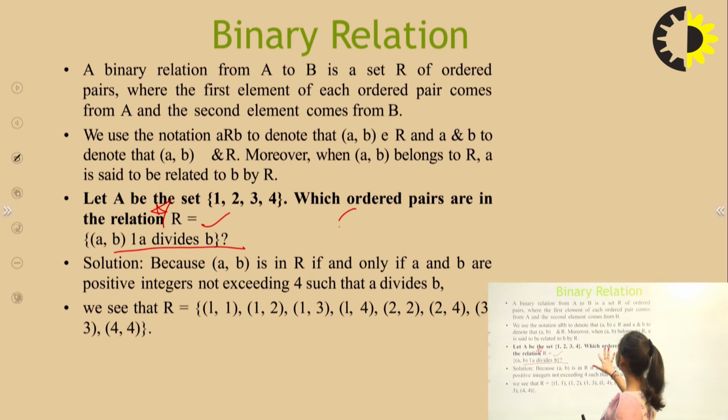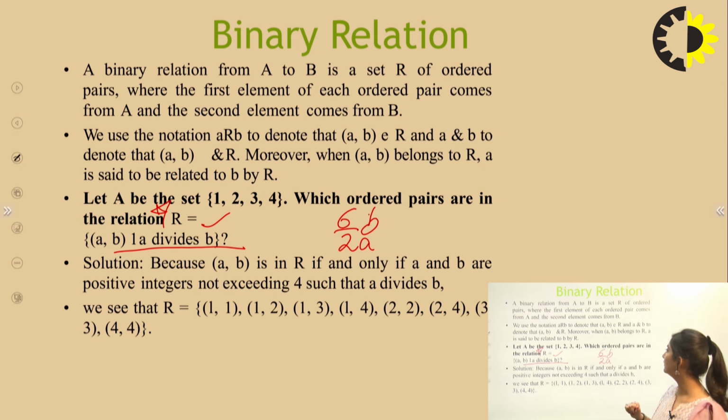So a divides b. Here this is a which divides b, right? So this is the expression. Accordingly we will have these pairs for it. (1, 1), (1, 2).